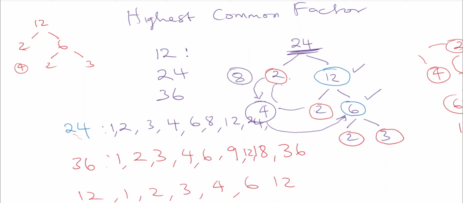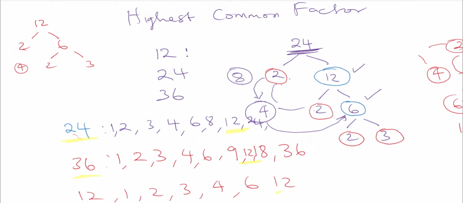Now, how do we find the highest common factor? It's simple. Literally, the highest number that is common to this, that, and that. So we will inspect them. I can see 12 here. 18 is bigger than 12, but I don't see 18 here.